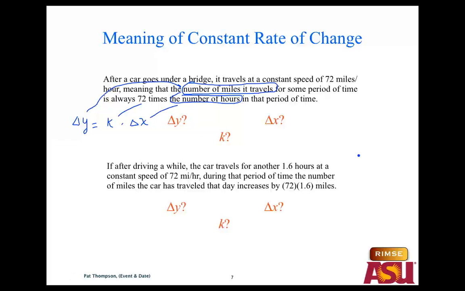What is delta y? Delta y would be the change in distance in relation to the original time spent traveling and the additional 1.6 hours. Okay, can you say it more succinctly? What is delta y in this case? Change in distance. And do we know that?